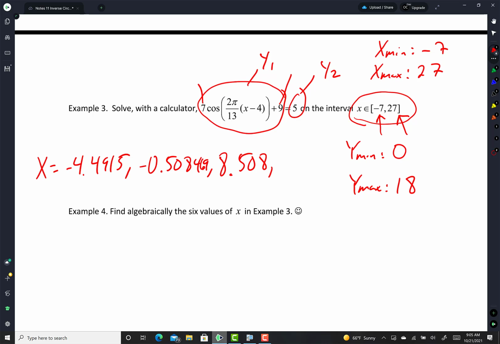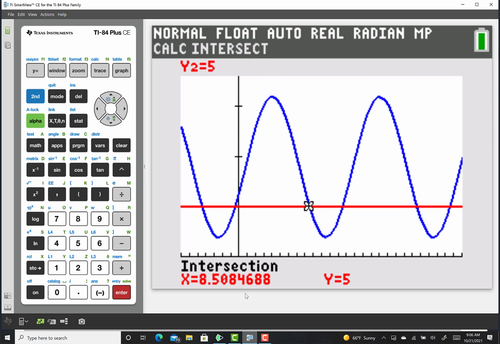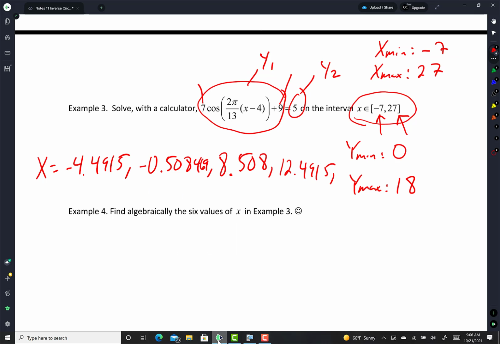Give me the 4th one. I think I got it. 12 point what? 12 point 4915. Yeah, that sounds correct to me. What's the next one after that? Second, calculate, enter, enter, guess, scroll to it, push enter again. 9361. Okay, let's see. Perfect.